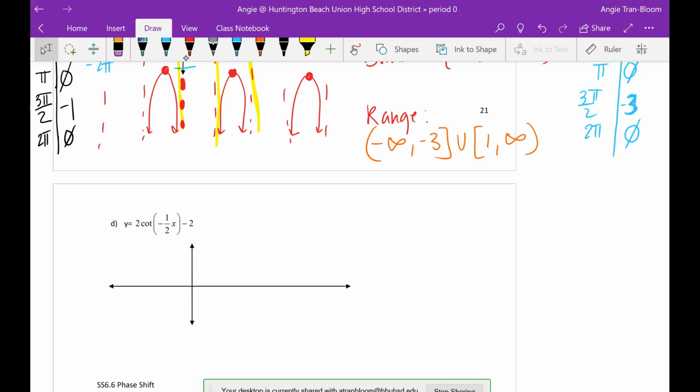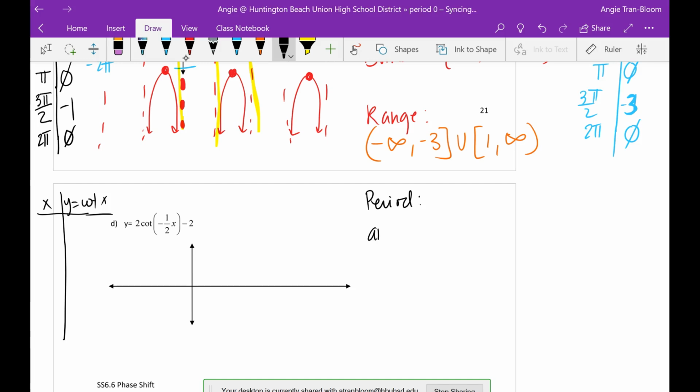Of course, we will start with the parent function. Why don't you and your team make just the table for the parent function? Okay, x, y equals cotangent of x. Bless you. So I'll wait for a couple minutes for you to make the parent table for cotangent.